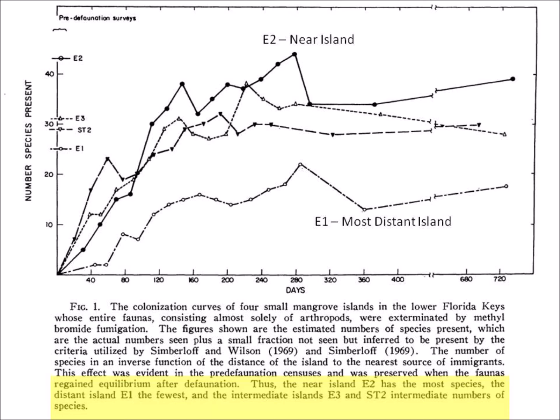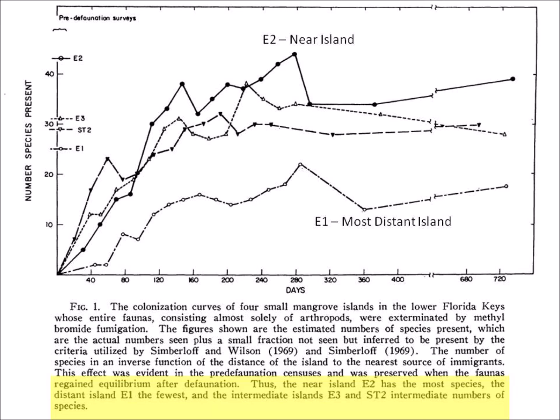So fewer species arrived on E1, and it reached equilibrium at a smaller number of species. Equilibrium is where the curve more or less starts to flatten out. Now E2 was the nearest island, and it had the highest rate of colonization of species, and also the highest equilibrium number of species.